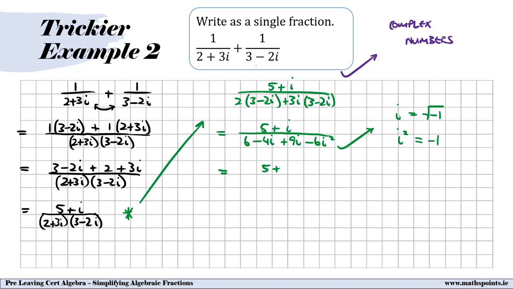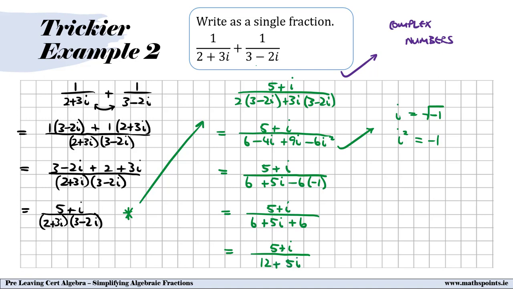So we go 5 plus i on the top, and then on the bottom of the fraction I have 6. Minus 4i plus 9i is plus 5i, and then I have minus 6 times minus 1. On the top I have 5 plus i, and then on the bottom I now have 6 plus 5i plus 6, and then my final answer is 5 plus i all over 12 plus 5i.